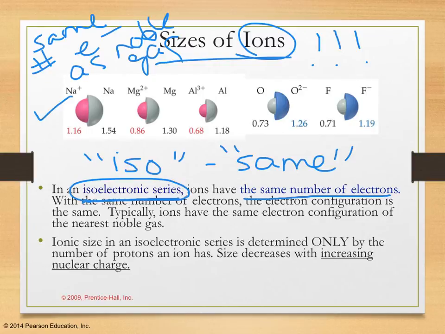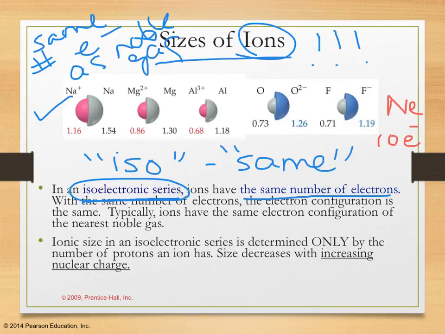That's the case with the isoelectronic series shown here. All of these ions have the same number of electrons as the noble gas neon. And neon has 10 electrons. So all of these have 10 electrons.